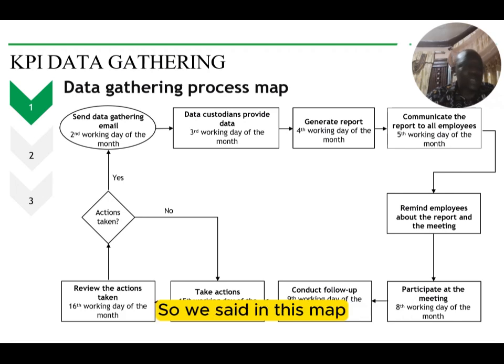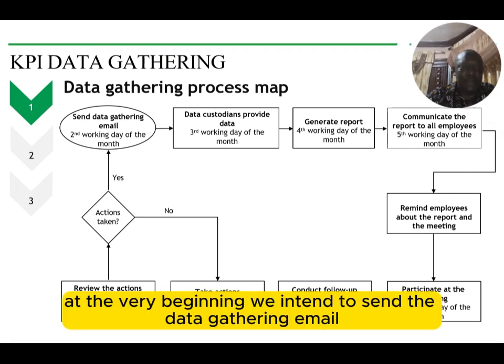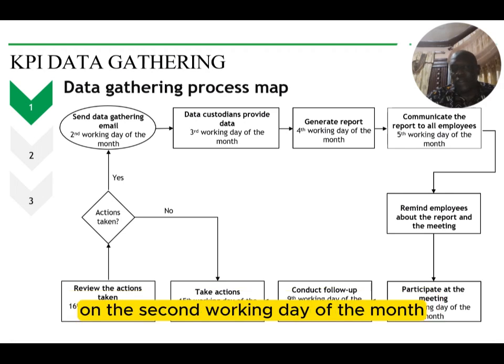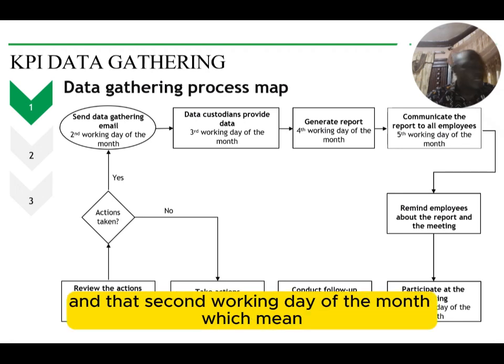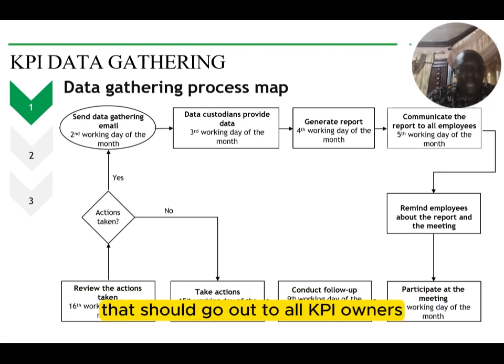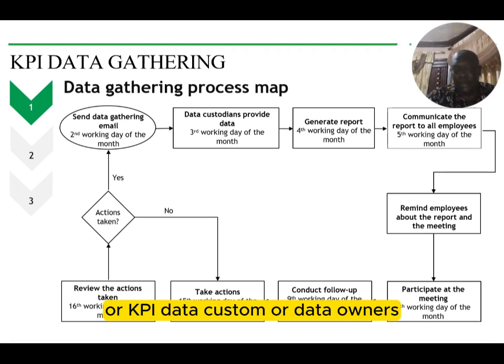So we say in this map, at the very beginning, we intend to send the data gathering email on the second working day of the month. That means at the very beginning of the day, that email should go out to all KPI owners or KPI data custodians or data owners.